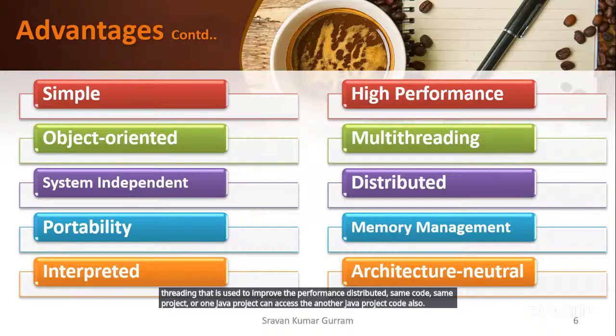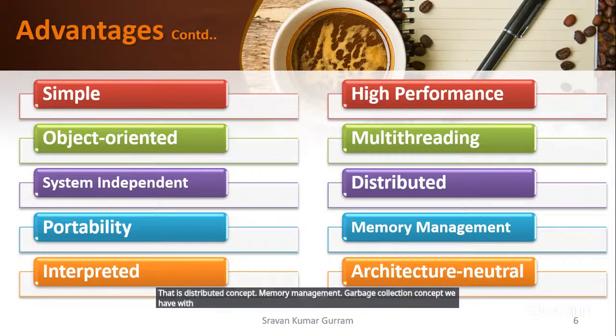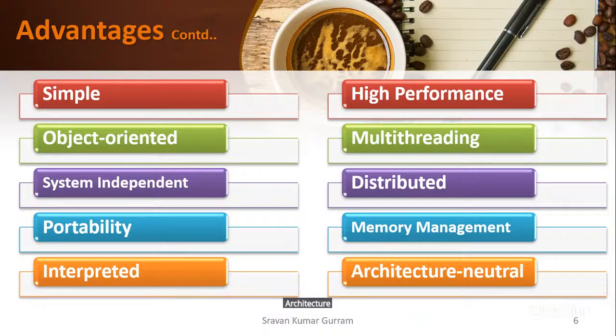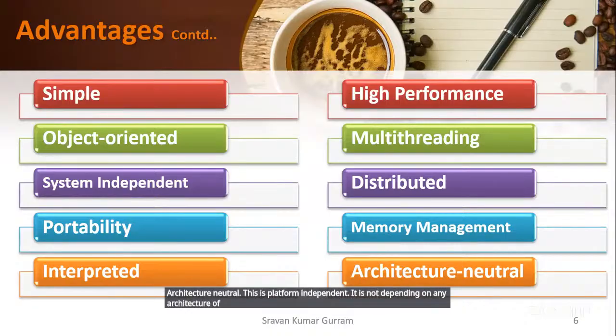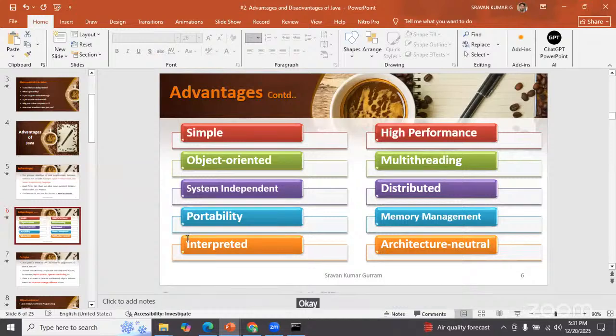That is the distributed concept. Memory management, we have the garbage collection concept. With the help of that, memory is managed efficiently in Java. Architecture neutral, this is platform independent. It does not depend on any architecture of the operating system or architecture of the processor. Okay, so these we covered in this session.